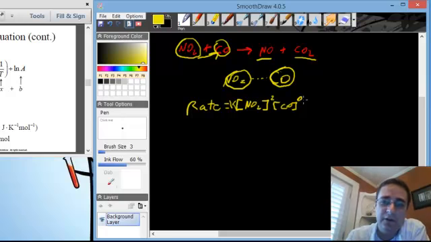Changing the concentration of carbon monoxide has no effect on changing the rate. And that just makes no sense when you stop to think about it, because if what's happening here is these two particles are colliding, then based on what we just learned with the Arrhenius equation, if we increase the number of collisions, the rate should go up, right? But no, right?